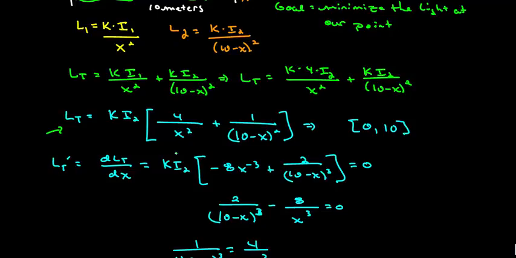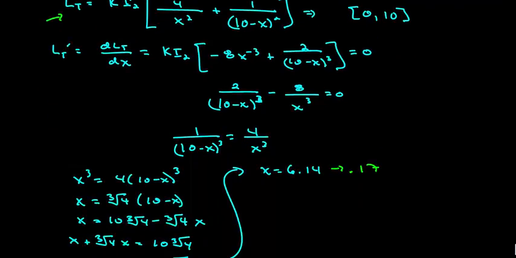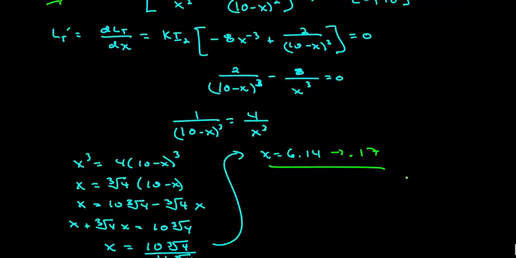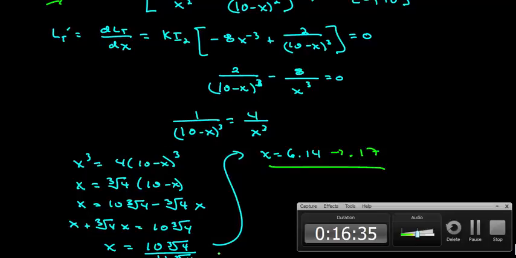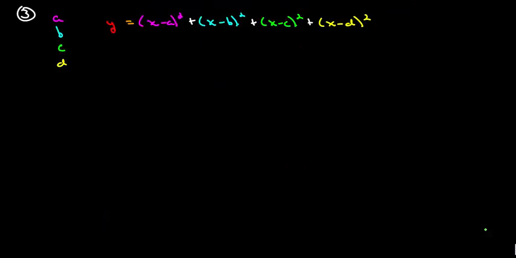So we get some strange things if we plug in numbers that are really close to these side values. Clearly the light is going to be more intense there than somewhere out here in the middle, because they get extremely large. Now let's go ahead and work on the next one.